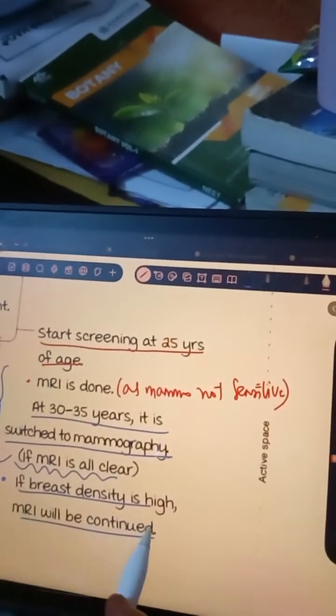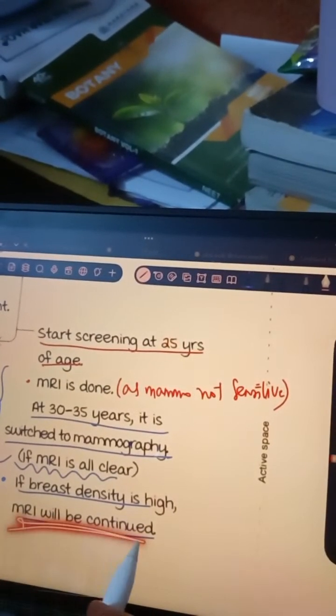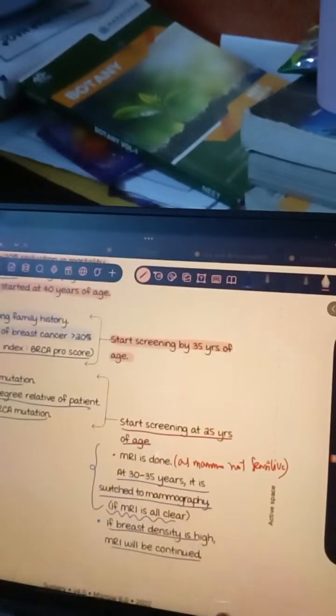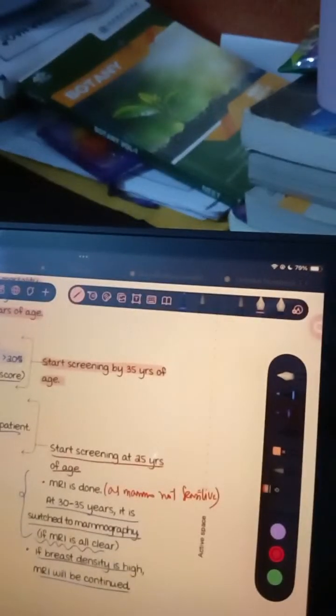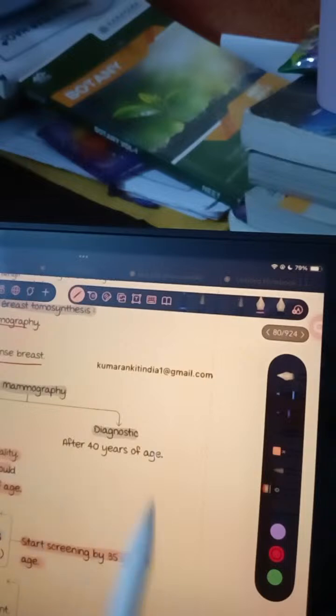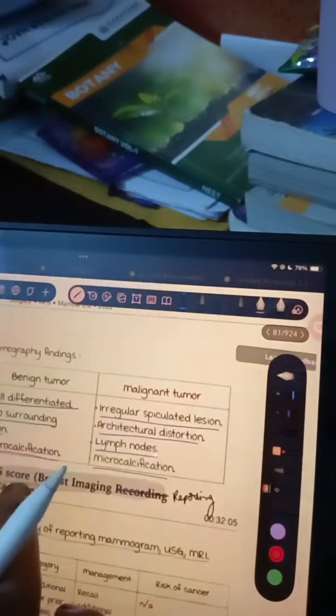And if breast density is high, MRI will be continued. Then we have diagnostic, which is at 40 years of age.